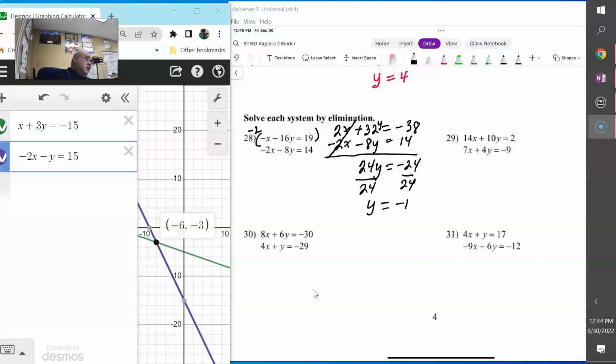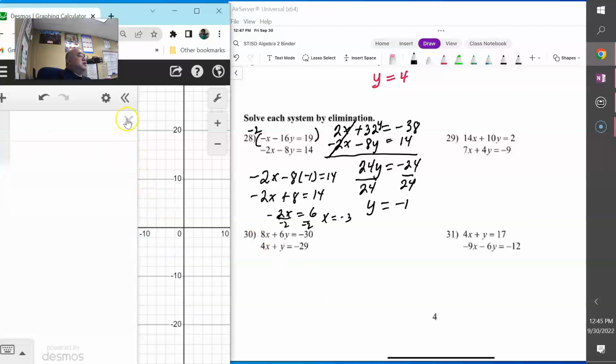What I'm going to do is select the second equation. I'm just selecting it. You can select the first one. Negative 2x minus 8 times negative 1 is equal to 14. So you have negative 2x plus 8 equals 14. Negative 2x equals 14 minus 8 is 6. So x equals negative 3 if you divide by negative 2. We're going to check using decimals.